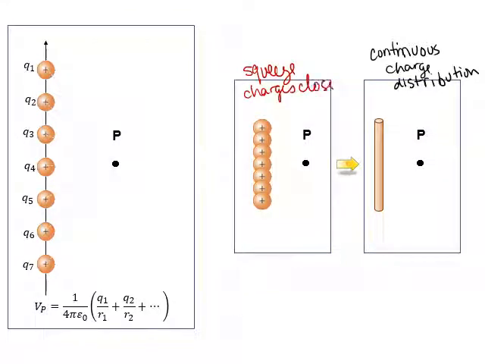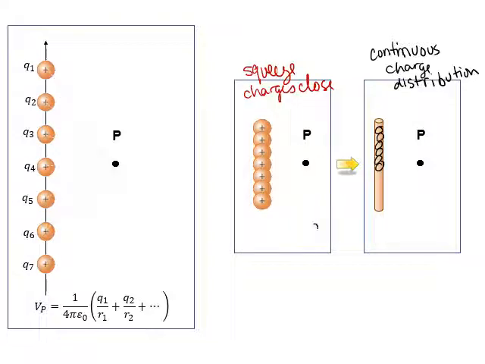As we squeeze them close together, we see that this starts to look like a line of charge. So then what we do is we take many small charges and squeeze them very close together. That's what makes a continuous charge distribution. So we have many small charges and they're all very close together.